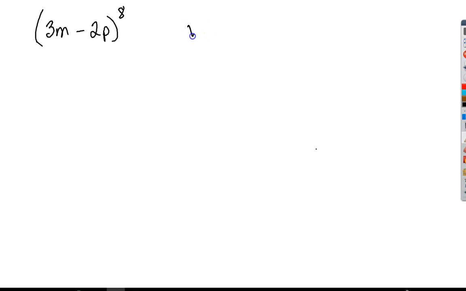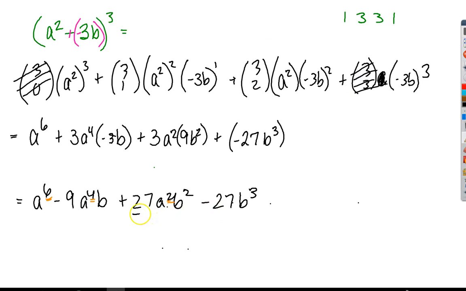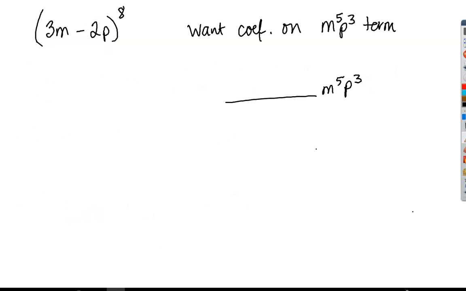And let's say I want just the coefficient on the m to the 5th, p to the 3rd term. So I want this part. I want what ends up being in front of it. Like if I go back real quick, I want the 27, I want the -9, I want what's in front of that at the end.